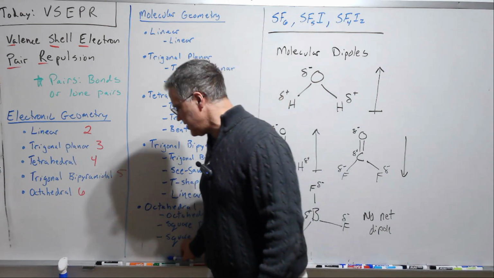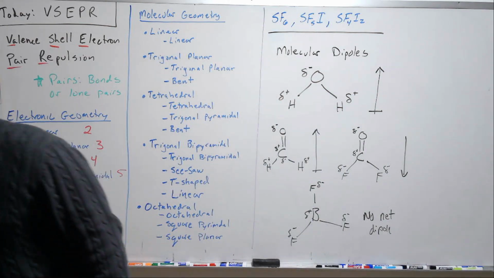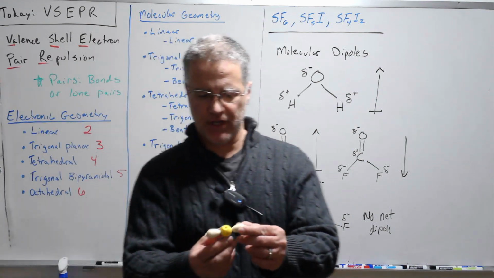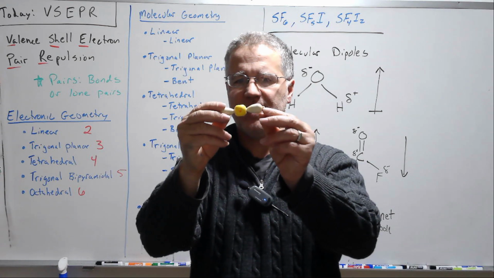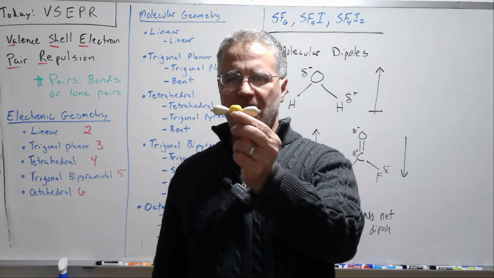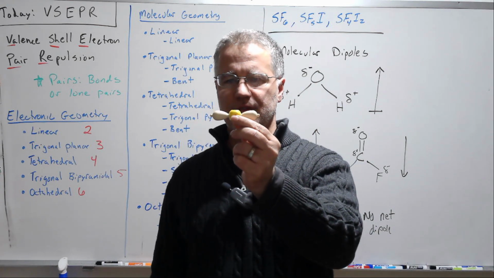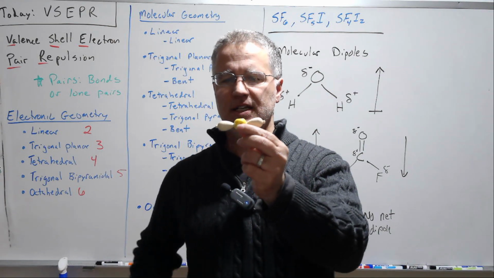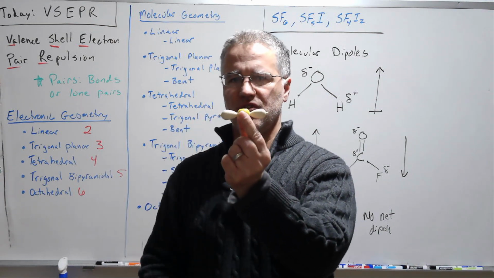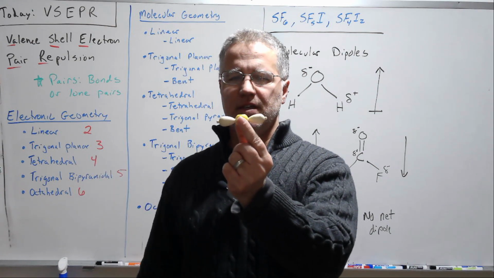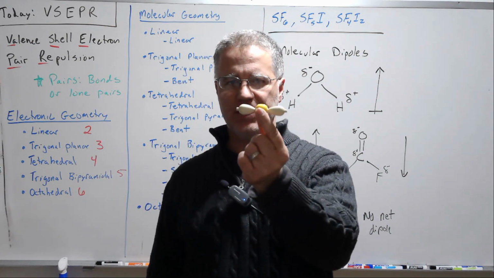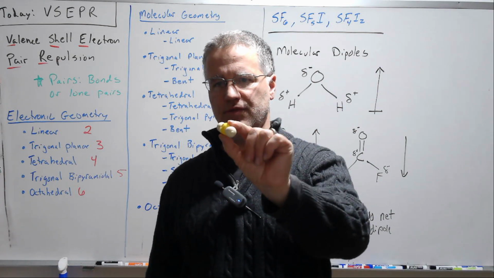So let's take a look at some of these shapes. Now, we'll go through the first ones pretty quickly, but we'll try to see this in 3 dimensions. So these tan lobes, think of that as a source of electron density, a bond or a lone pair. And then what I'm holding here is the central atom about which those extend. So here, 2 sources of electron density as far apart as possible in 3D space.